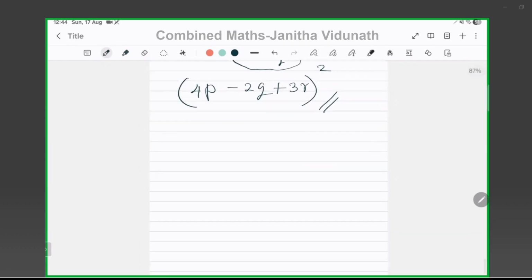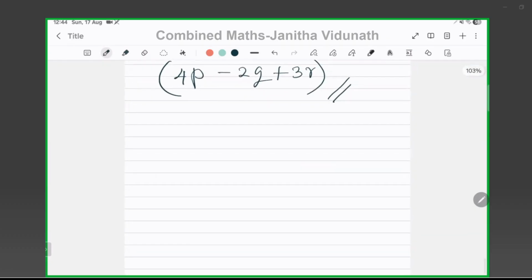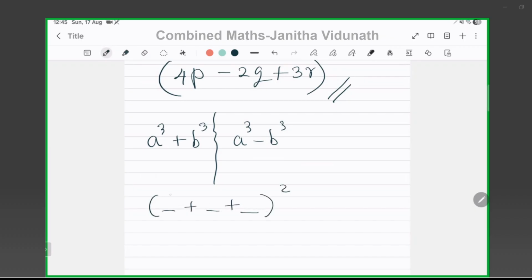So today we learned the factorization of the sum of two cubes and difference of two cubes, and the factorization and expansion of the square of a three term expression.